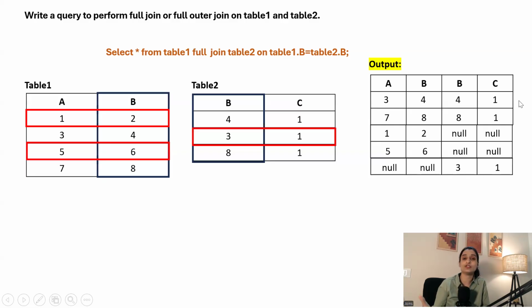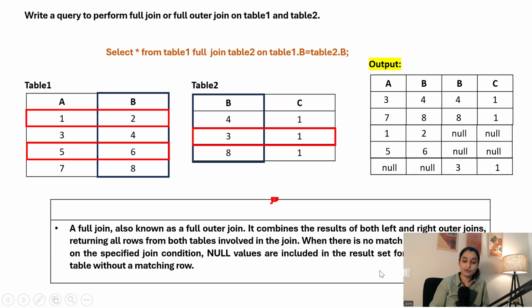It doesn't change the meaning of our data. So don't worry about the order of rows and order of columns. So how will you define full join? Full join is the process of joining two or more tables based on a condition, and it returns matching records and non-matching records from left and right table both.